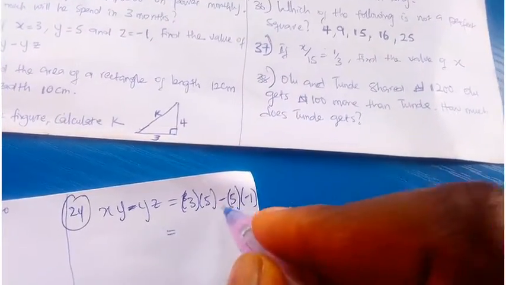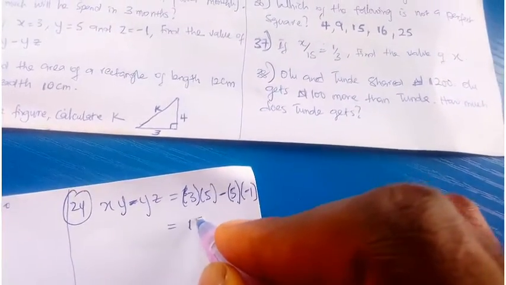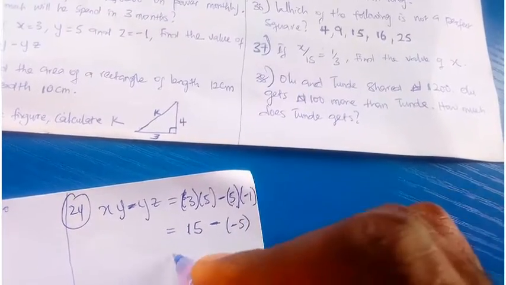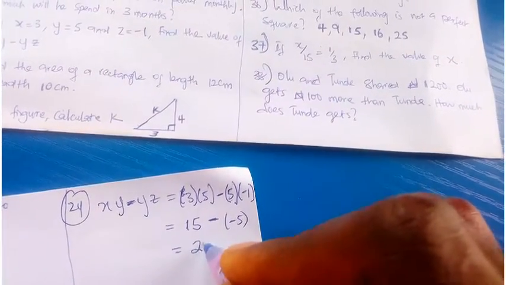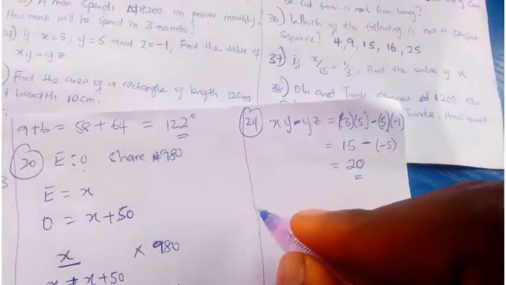So first do the ones in the bracket before you expand with the minus that is outside here. Be very careful. 3 times 5 is 15, minus 5 times minus 1, which is minus 5. That becomes 15 plus 5, that's 20. So the solution of xy minus yz is 20.